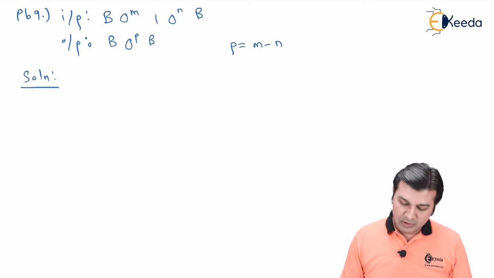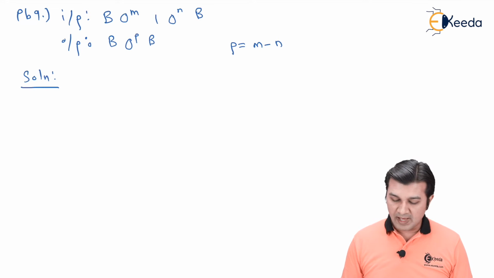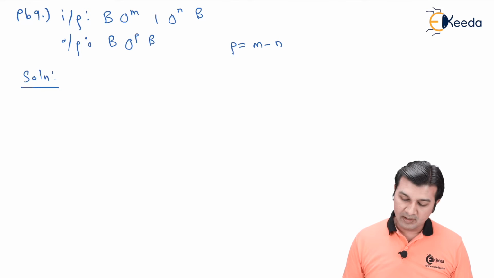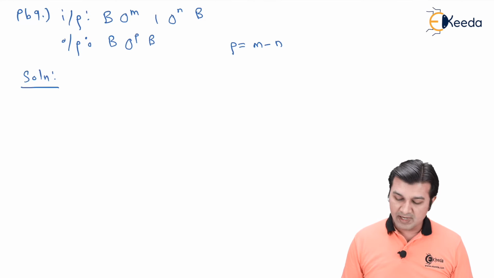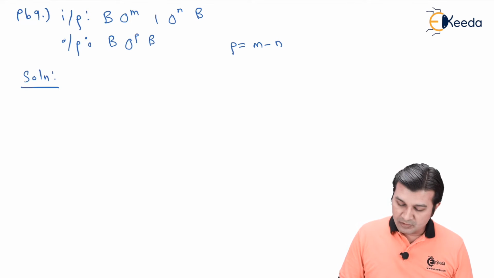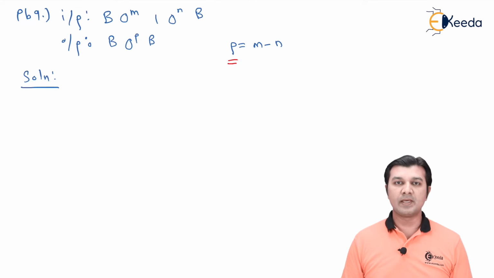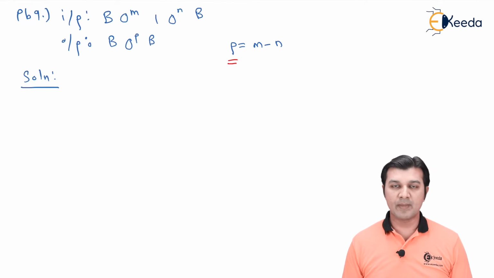So friends, the question says that on the tape, the input will have lots of blanks around 0 raised to m, 1, 0 raised to n, where m minus n is going to be assigned to p. So p is basically the subtraction of m minus n.